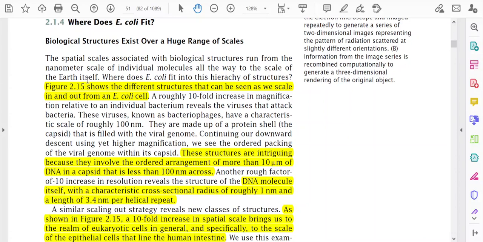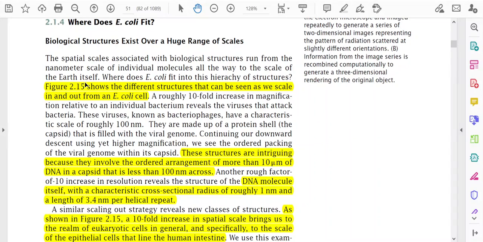This sentence is very important because biological systems consist of individual molecules in the nanometer scale, and if you zoom in or out, you can move to the scale of the earth.